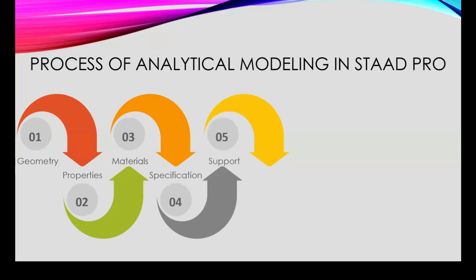Once we model our structure, there has to be certain supports on which the load will finally be transferred. Those are called the support conditions, and we need to assign these supports in our model. This can be a pin connection or a fixed connection or a combination of fixed and pin. You could have certain rotation allowed, or you could have a spring.